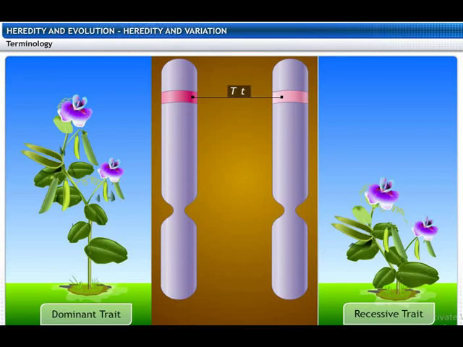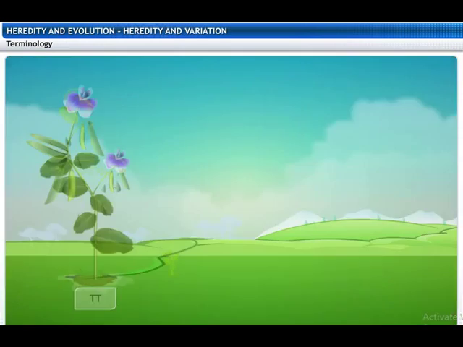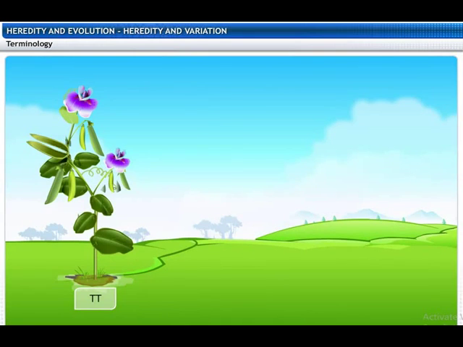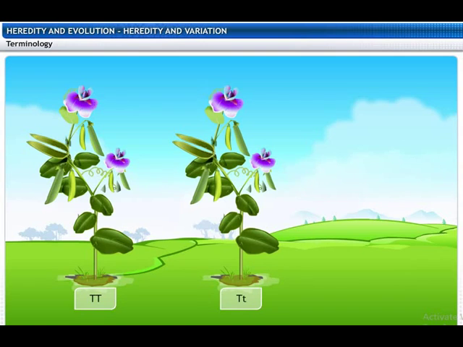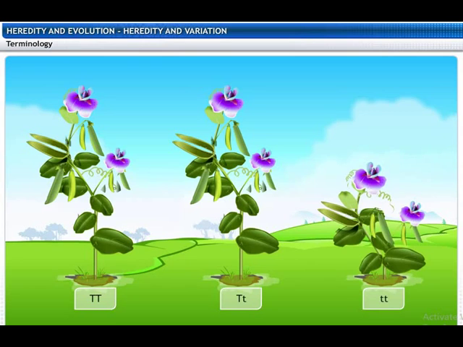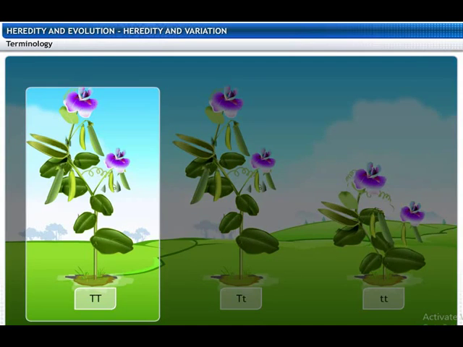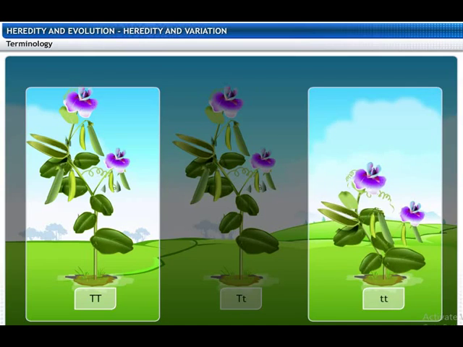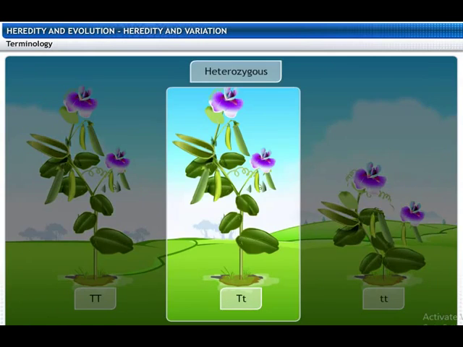These alleles combine to make a genotype such as uppercase TT or uppercase T and lowercase t or lowercase tt. Uppercase TT and lowercase tt are homozygous, and uppercase T and lowercase t is referred to as heterozygous.